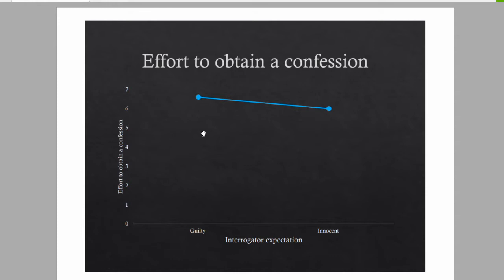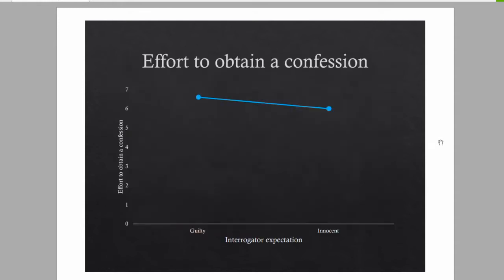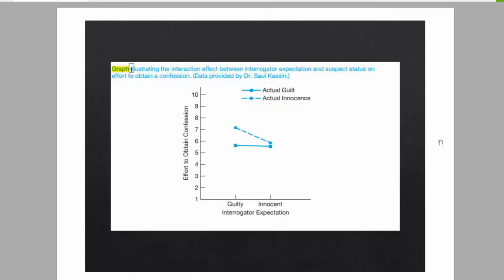However, in ANOVAs, you can do an interaction. So you can see whether adding another variable changes this line that we've seen. Ooh, two-way. This shows an interaction between interrogator expectation and the actual suspect's guilt or innocence on effort to obtain a confession. It takes these numbers and splits them up into the two groups of actual guilt or actual innocence.